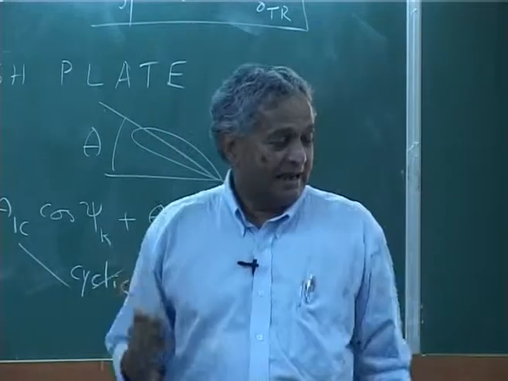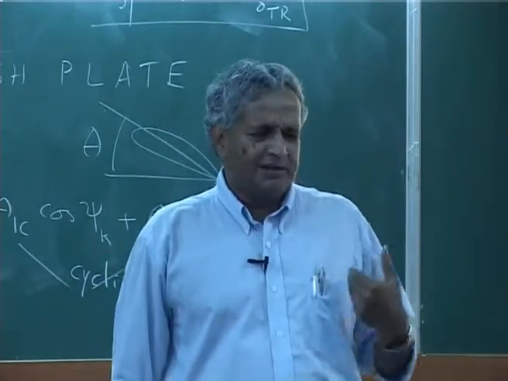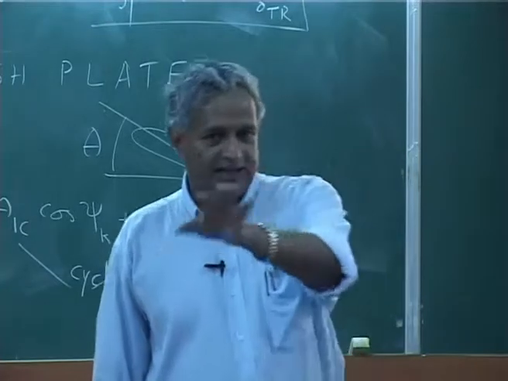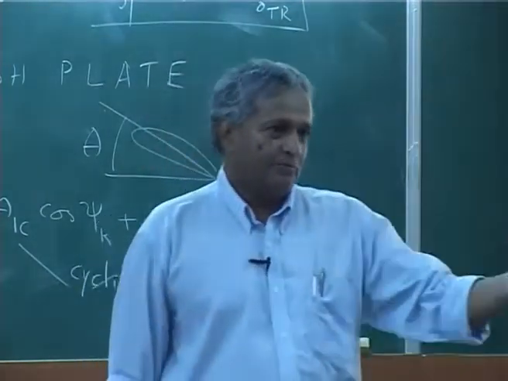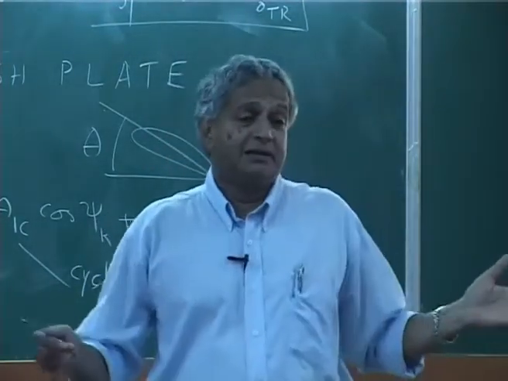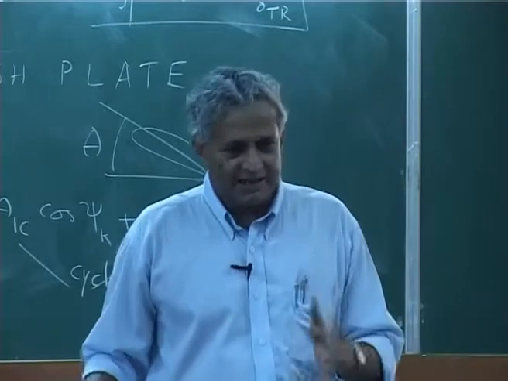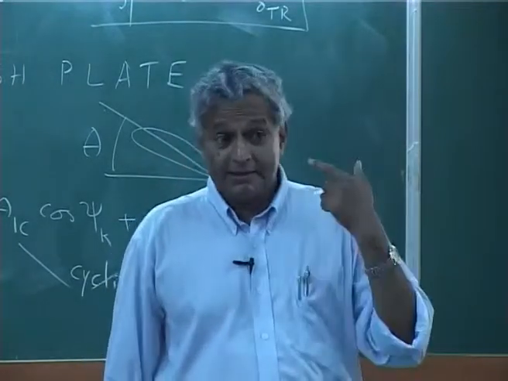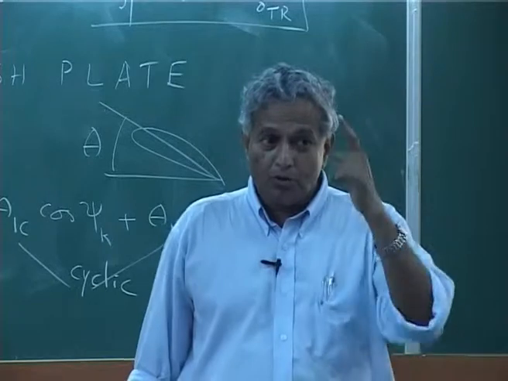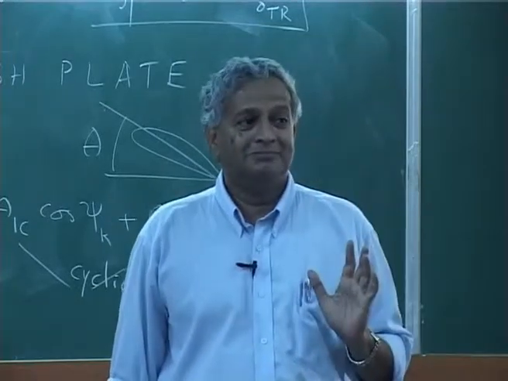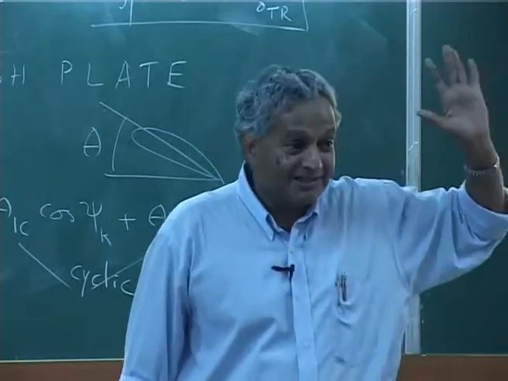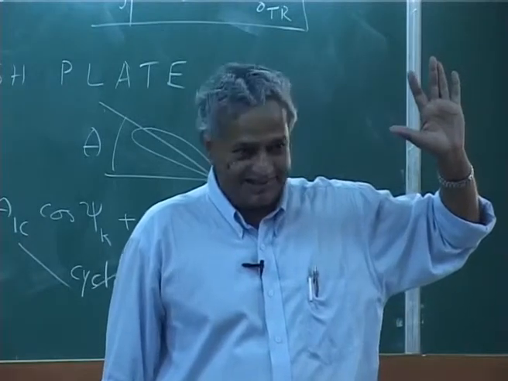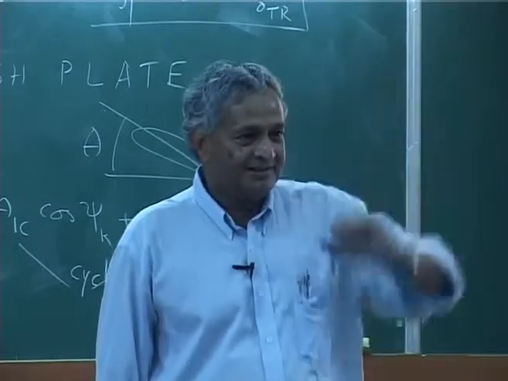Now, what are the controls I have to give to generate motion of the helicopter? Collective you give, then both the rotors' collective pitch will increase simultaneously. So, you will go up.